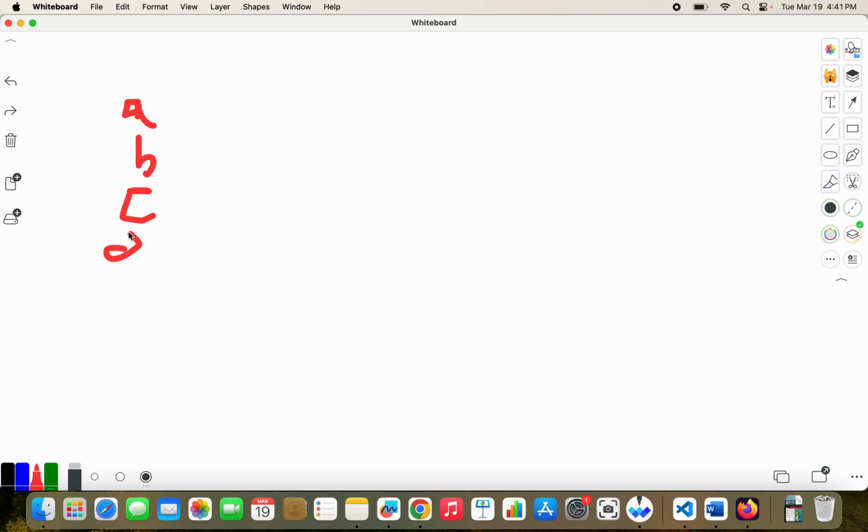It's going to be a bijective function. Everything is mapped onto a different value. So this is bijective and onto, the same cardinality, because they have the same amount of elements.